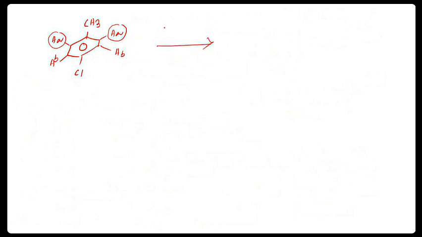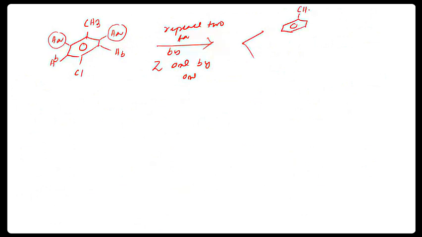Just apply replacement. Replace HA by Z, and then HB by Z. Then we'll end up with two things.